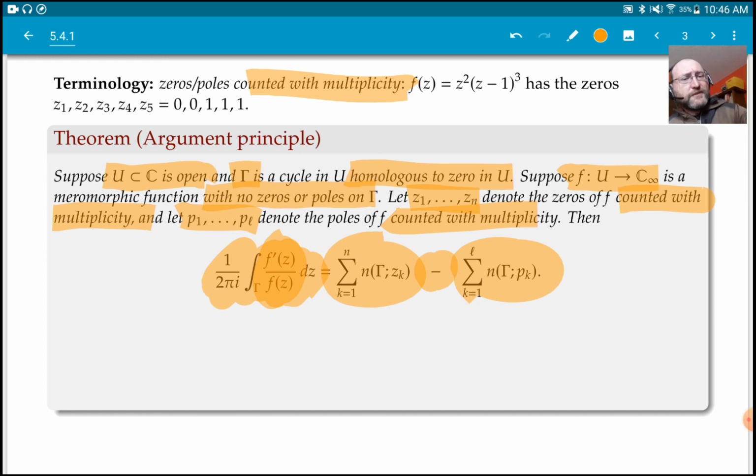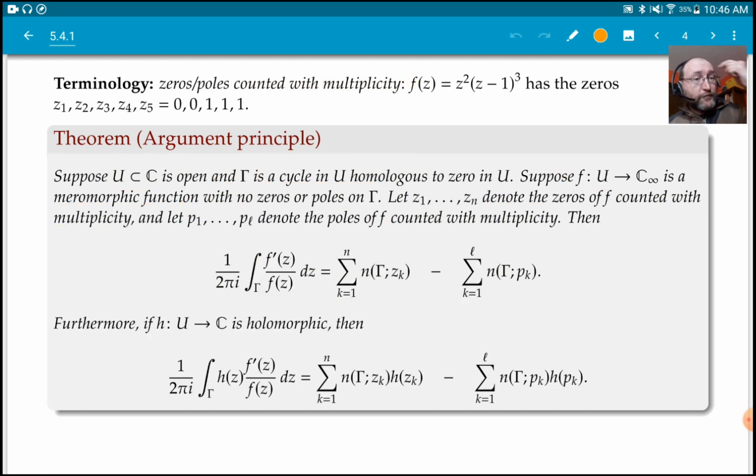Now, there is a slightly more complicated and actually quite useful version of the argument principle. That's if you stick in a holomorphic function. So you take any holomorphic function h in U, and you put it inside the integral. You integrate it against the f prime over f. Then what you get is that h is evaluated at the zeros and at the poles when you're counting them.